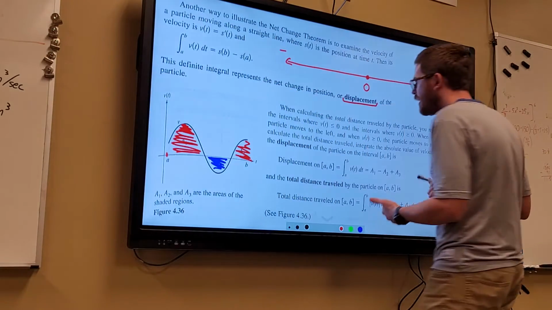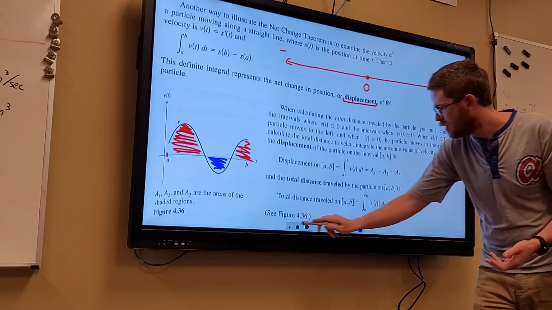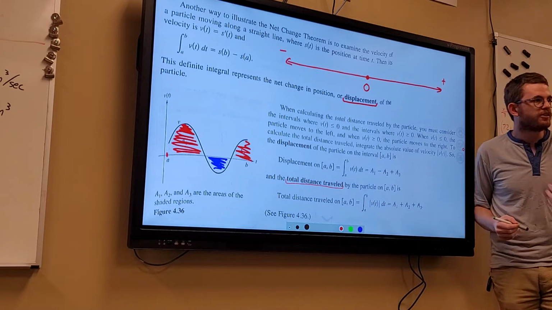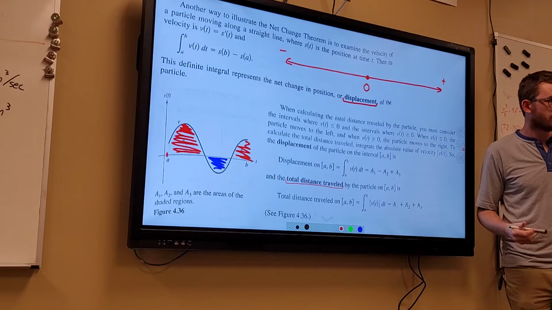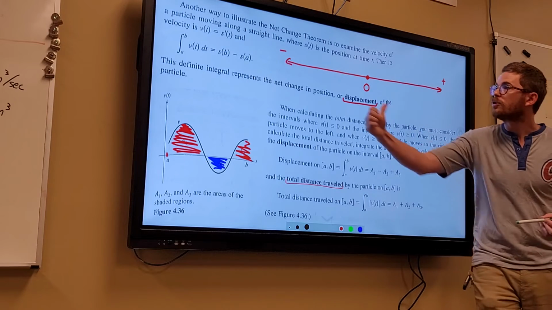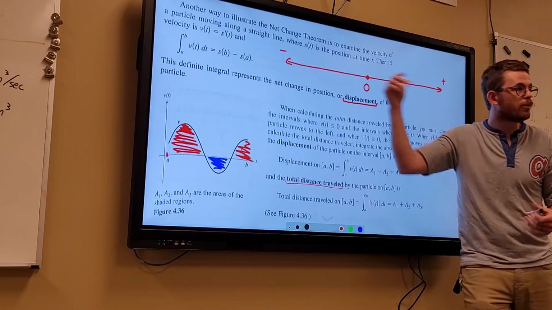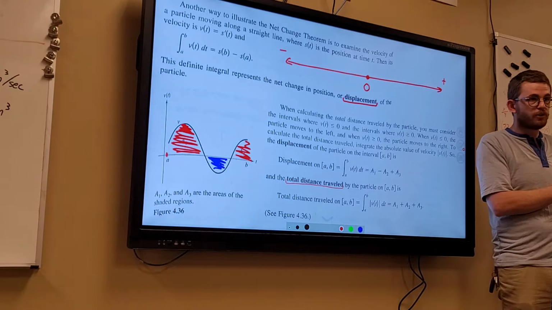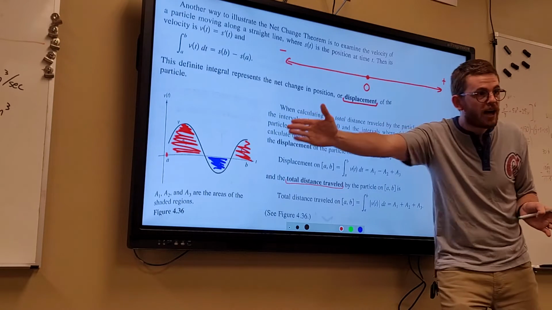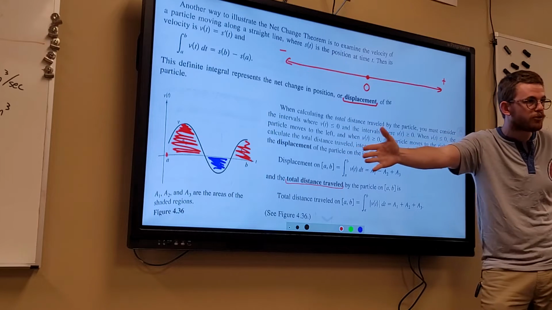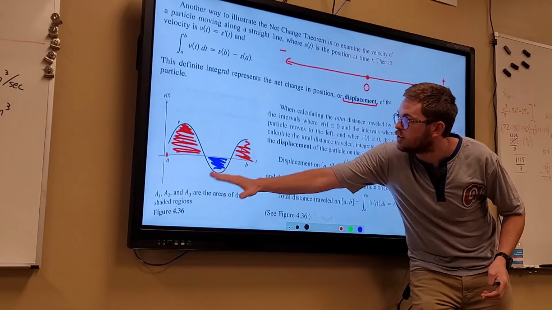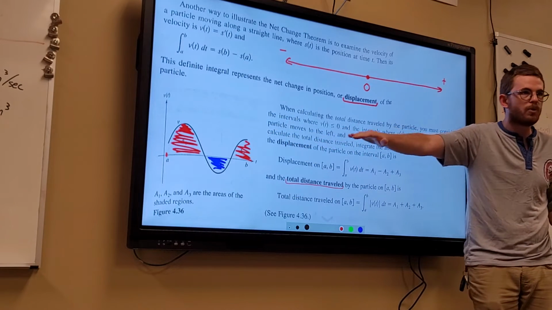We also might be asked, what was the total distance that this particle traveled? Right? Because if we go to the right and we go to the left and we go to the right again, we've traveled more than what our displacement is telling us, because going to the left is still distance we've traveled, and we don't want this down here to necessarily cancel out with what we've already had.